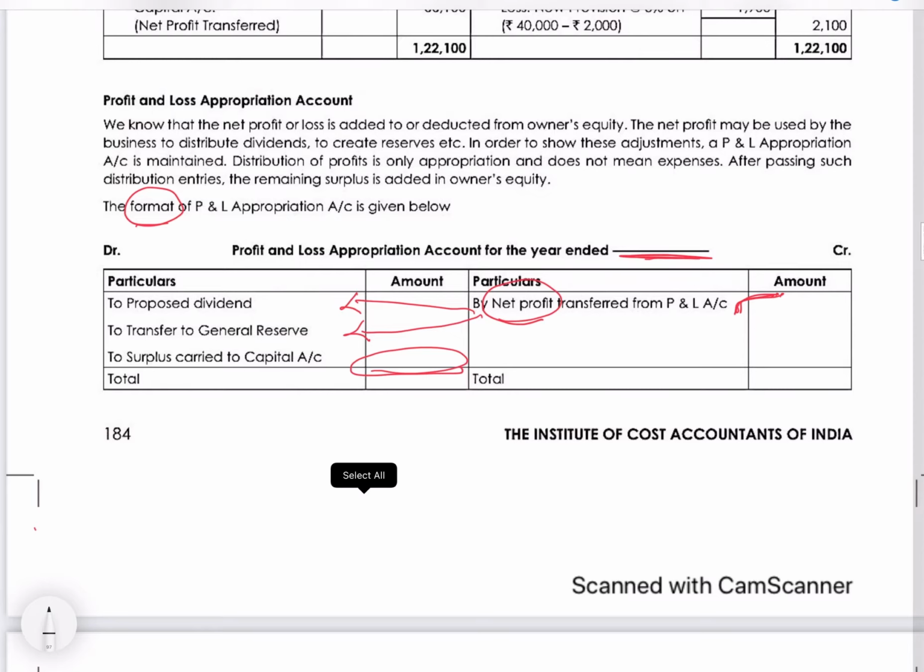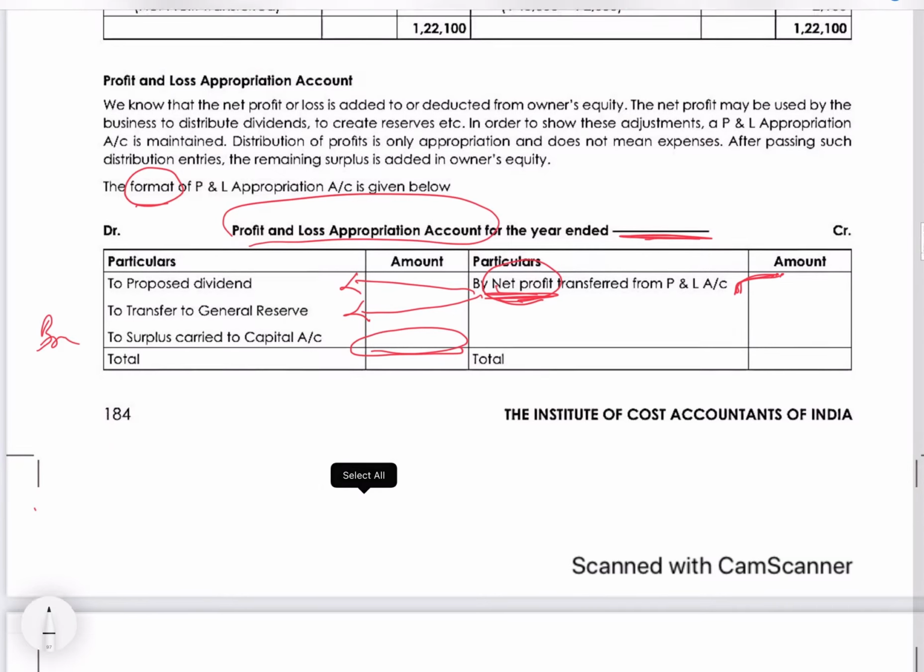The P&L appropriation account is just like a breakup of net profit, showing how it has been utilized, where it has been transferred, and how much dividend has been given. That picture we get from the P&L appropriation account.